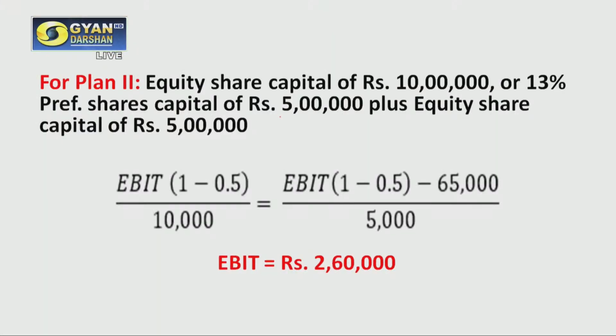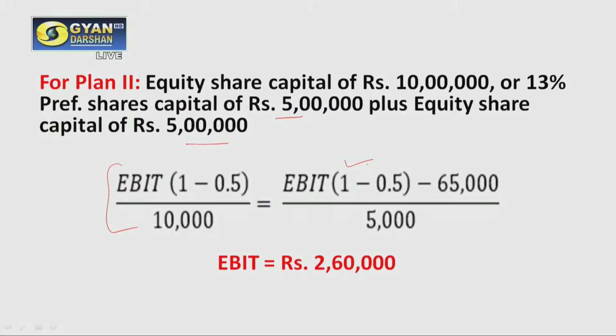Then we have another case where the equity shares are contributing 10 lakh. This is scenario 1, and then scenario 2 has 13% preference shares, 50%, that is 5 lakh, and equity share again 50%, that is 5 lakh. Again the left hand portion will remain the same, but there is only one difference on the right hand side: we don't have any amount in the form of debt here, so there will be no interest to be deducted.